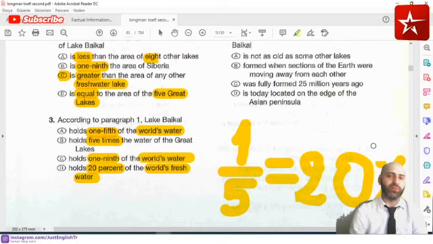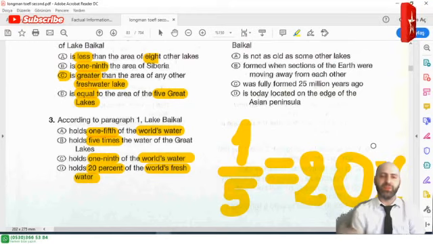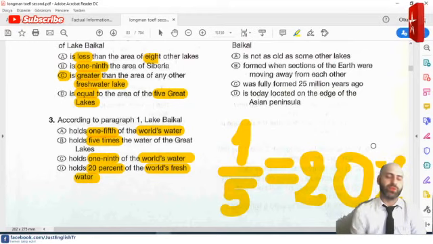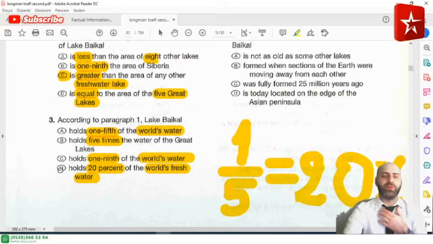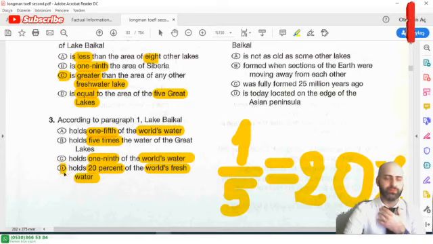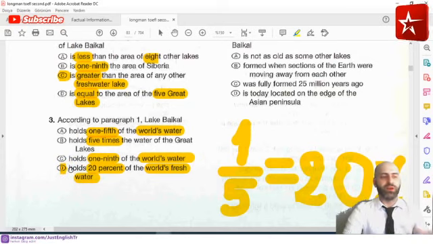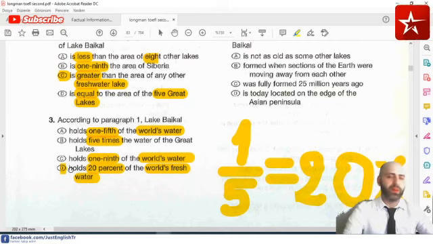So for example, if you don't know from mathematics that 1/5 is the same as 20%, you can't solve this question. Yeah? So the best answer and the only possible answer for question 3 will be D. Okay? This is correct for question 3.